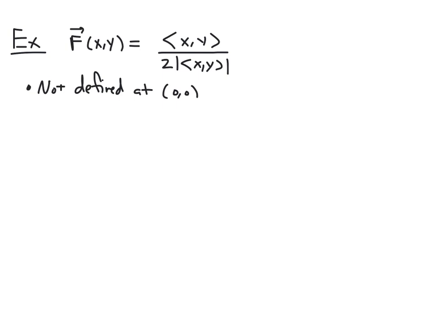The next thing we can look at is the length, the magnitude, of the vectors at each point, and that's pretty easy to do. If I take this formula, f of xy, and find the magnitude of this vector, this is just the magnitude of the vector xy divided by 2 times the magnitude of xy.